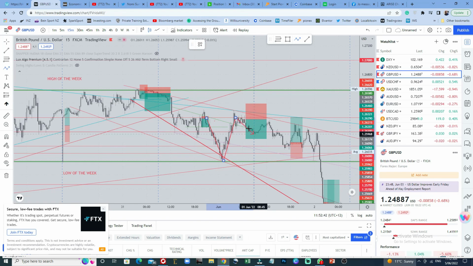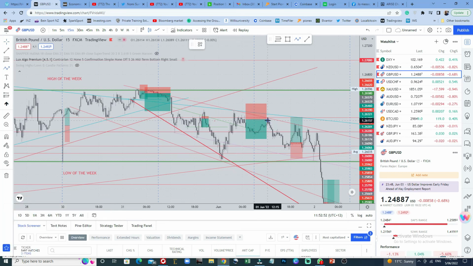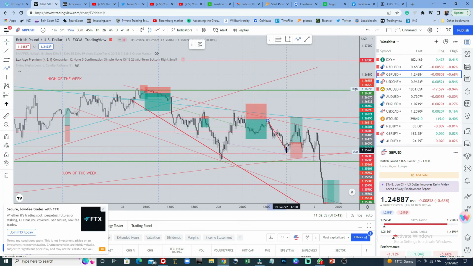Then while it was coming down, I sold from here. And you can see I was able to get this one right. Then look again, came here, touched this line, and I bought. Each time the market does this, I would buy.